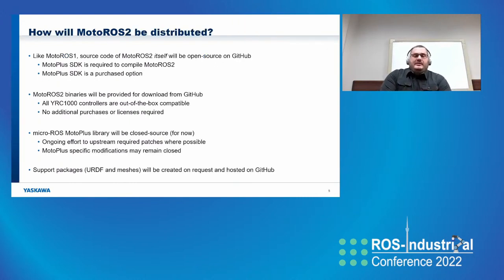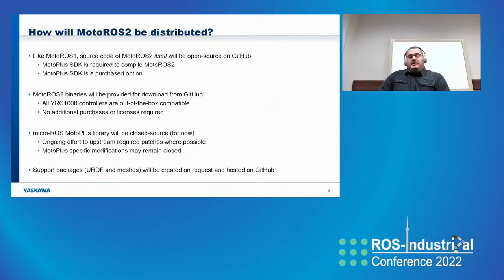For distribution, just like our ROS1 implementation, the binaries will be available for download on GitHub. Anyone can download it. They can turn it on, enable the options on the robot controller without a technician, and no purchase is required.